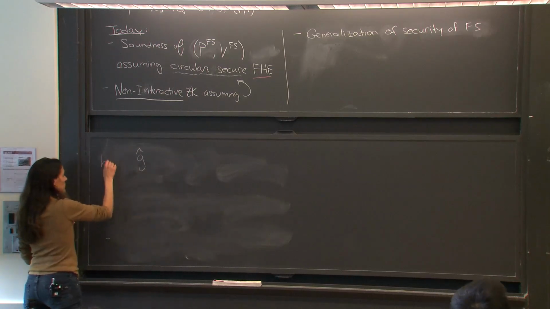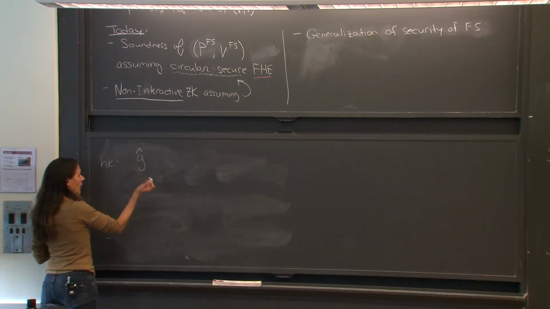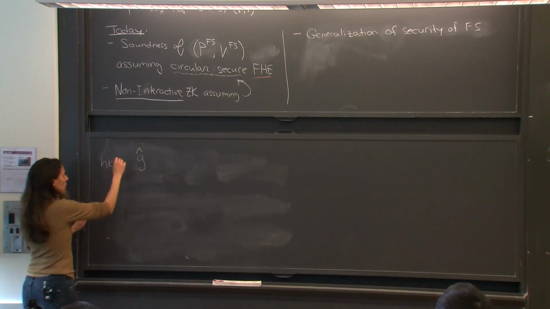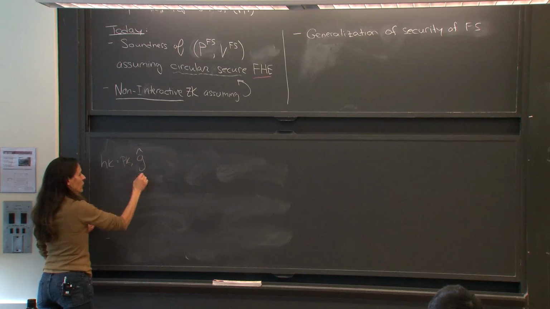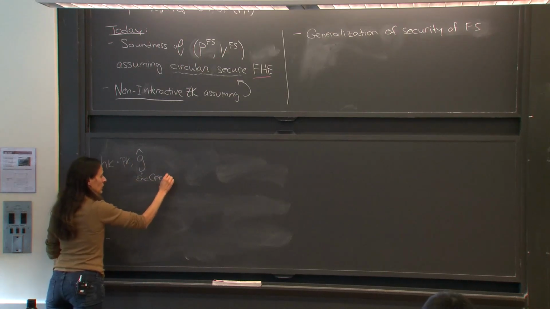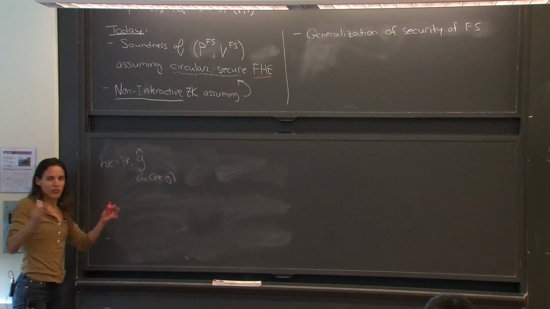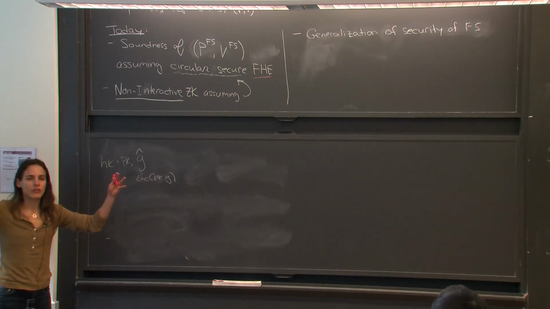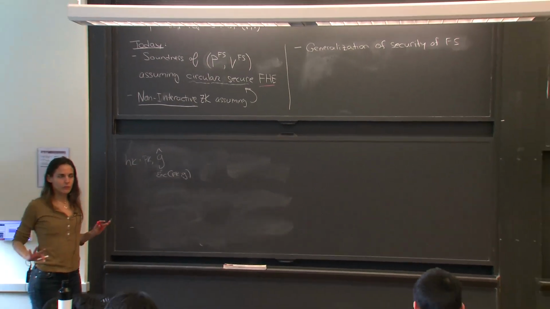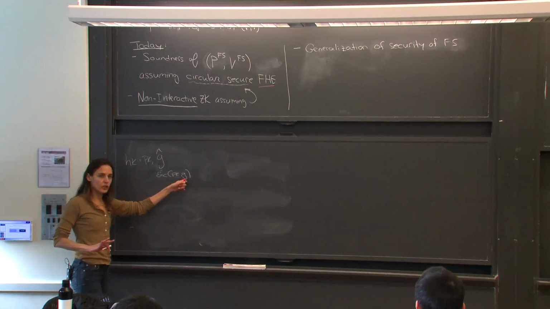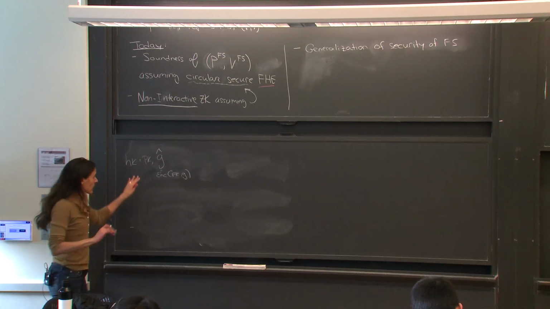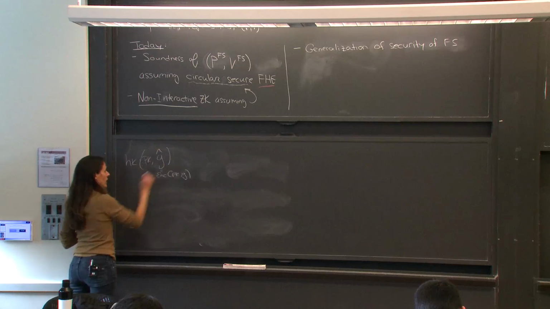The hash key is going to be, I'm going to generate a public key and encrypt a function G. So it's like the public key corresponding to G, and then G, which is just another shortcut to say encryption of G. And when I say I encrypt a G, just think about encryption of the description of the circuit. There's some way to describe the circuit. I encrypt this description of a circuit G. What this G is, we'll see. But that's my hash key. So this is the hash key.